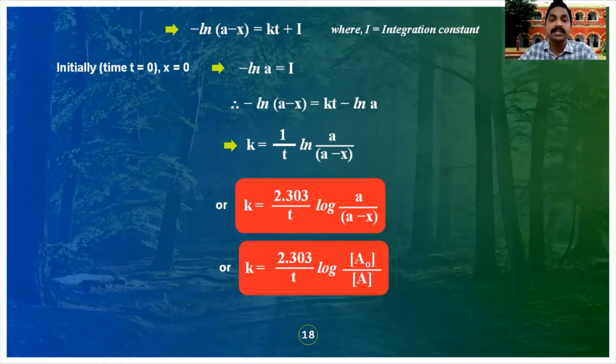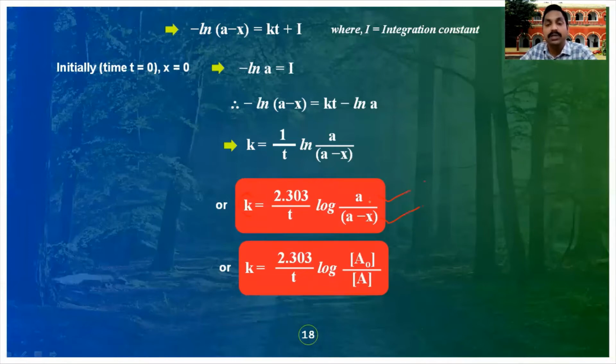Now let us discuss the characteristics of the first order rate constant. If you want to see the units of the rate constant k, what will happen? Per time, the units will be seconds, minutes or hours. This time is in the denominator. But coming to the concentrations, in the numerator we have one concentration term, and in the denominator also we have one concentration term. So for example if the units are molar, molar will be cancelled.